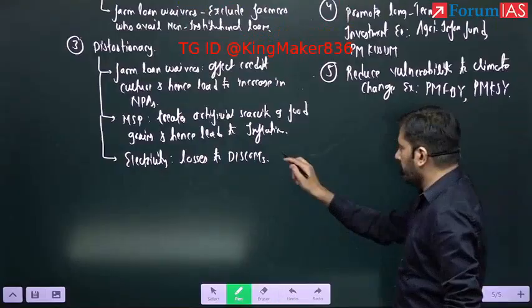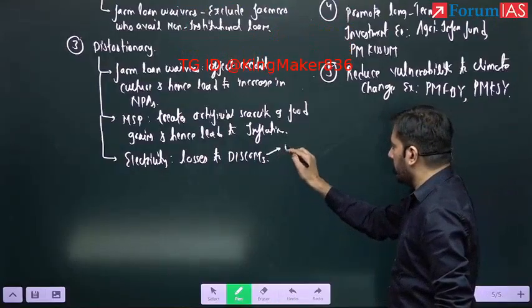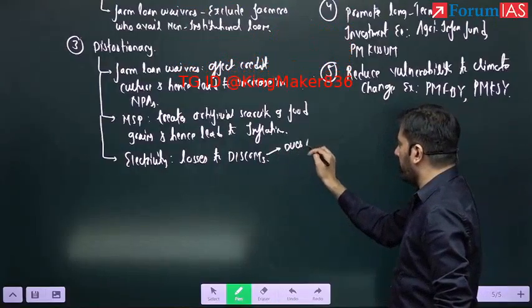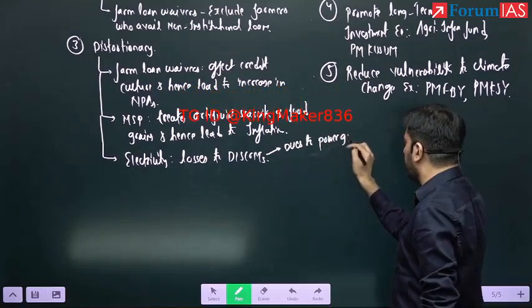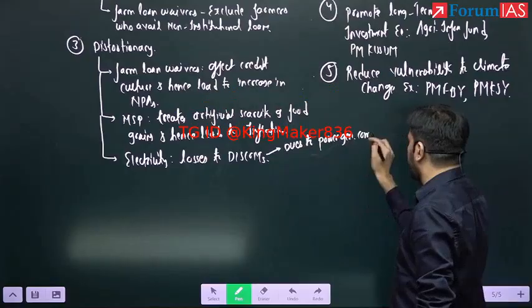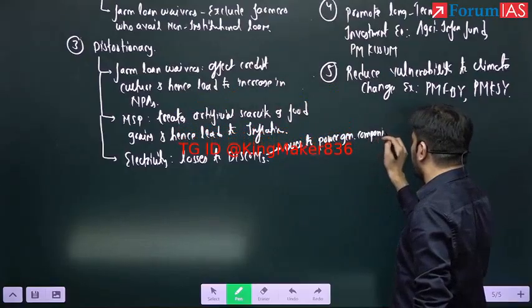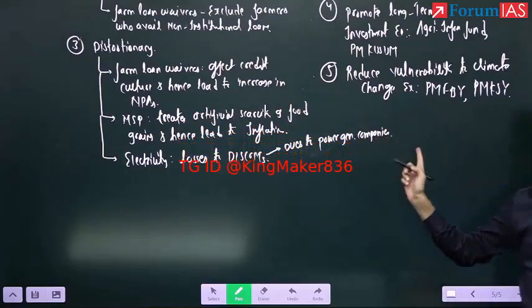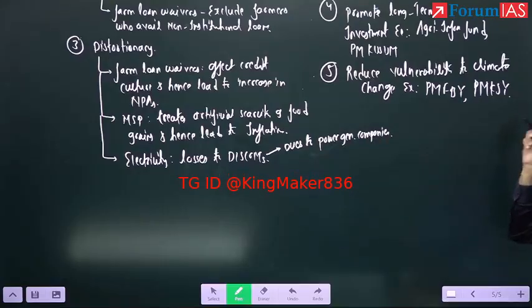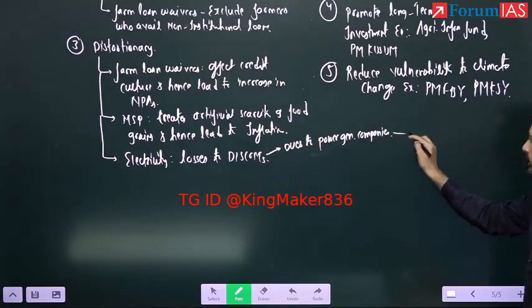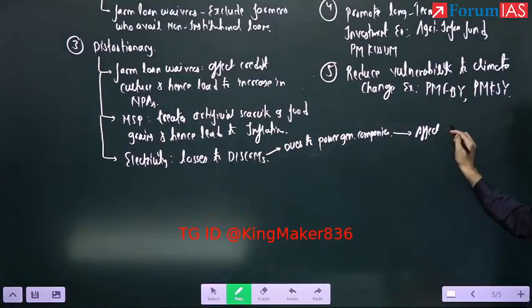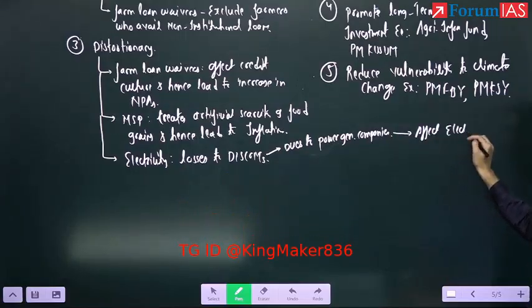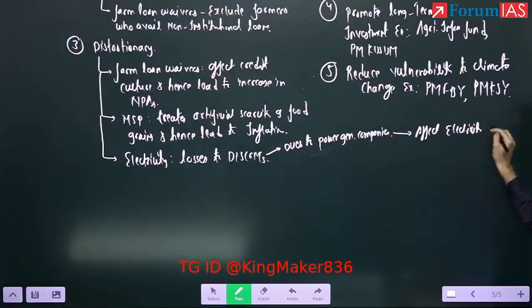The problem is, number one, they will be unable to pay the dues to the power generating companies. If they do not pay the money to power generating companies on time, can we say that it will affect the electricity generation?